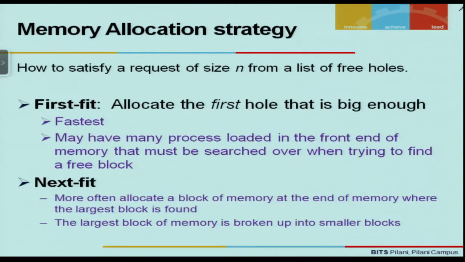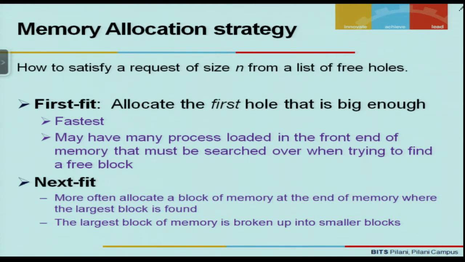So, having talked about how dynamic partitioning functions, the very next thing which we need to answer is how the memory is going to be allocated to the requesting processes. One of the strategies which has been proposed is the first fit strategy.